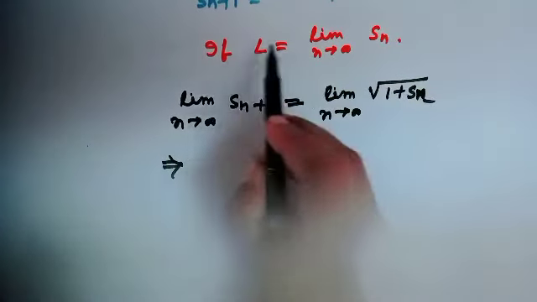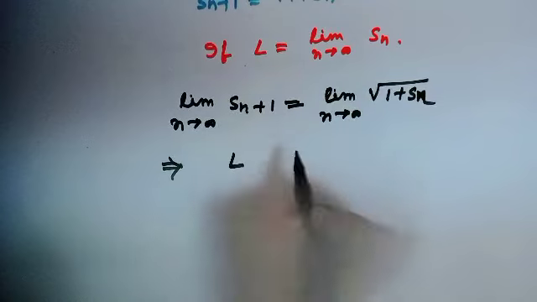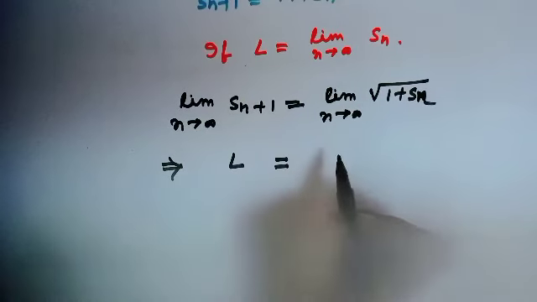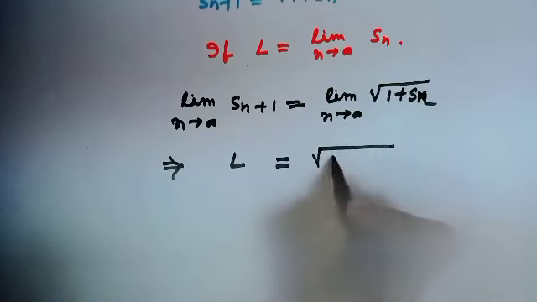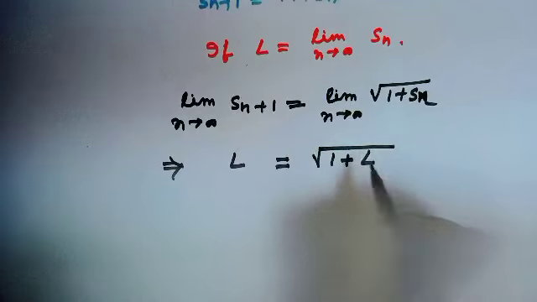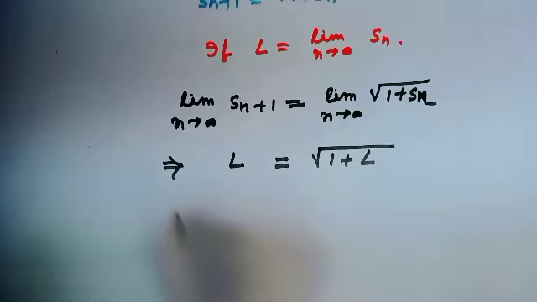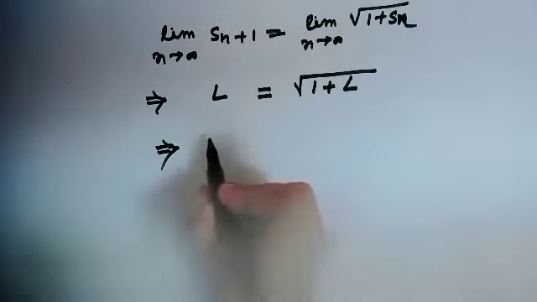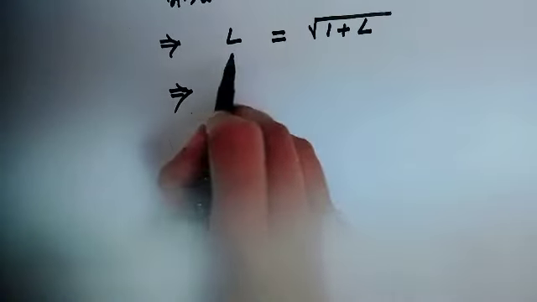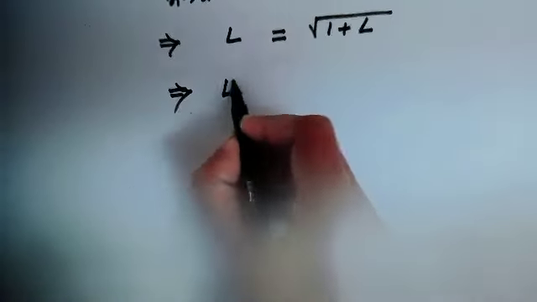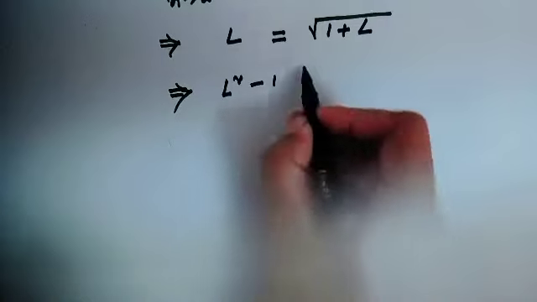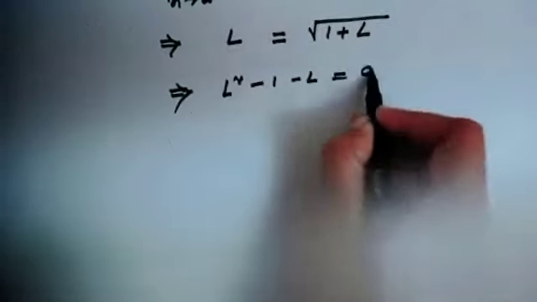Assume this value equal to L, then this is equal to L, and this value will be equal to square root of 1 plus L. From this line, we can write L squared minus 1 minus L equal to 0.